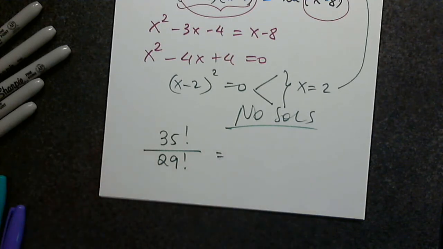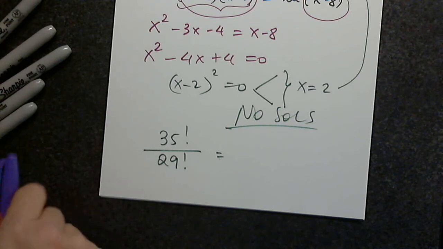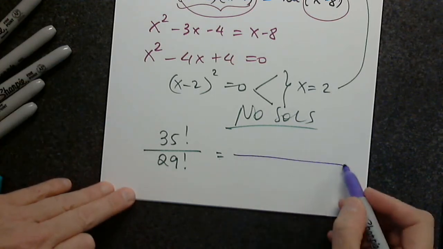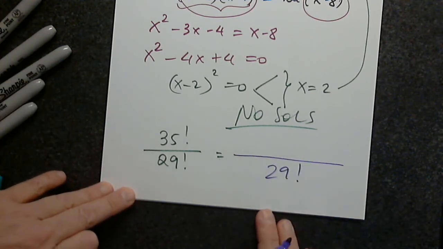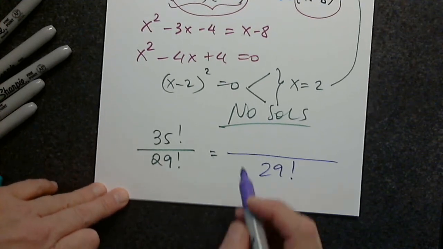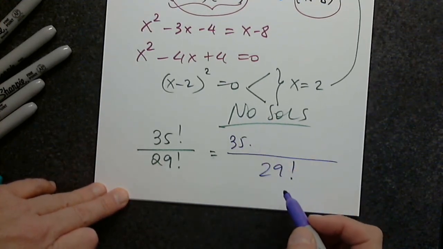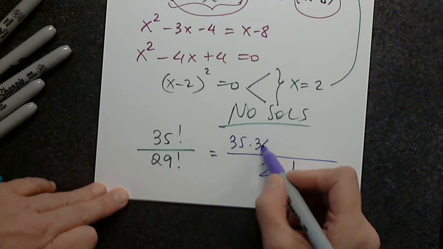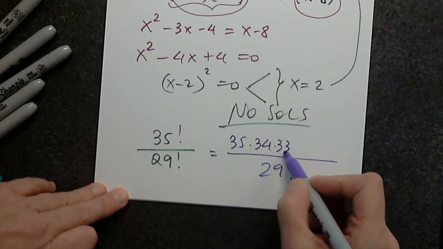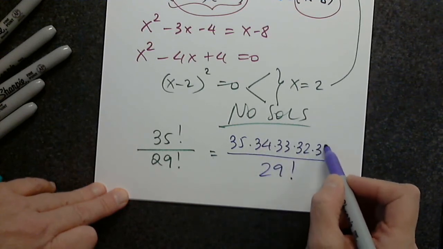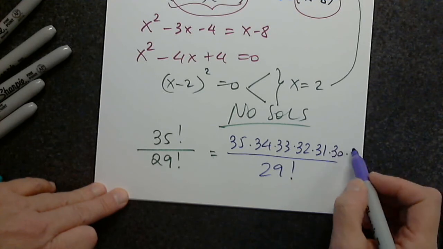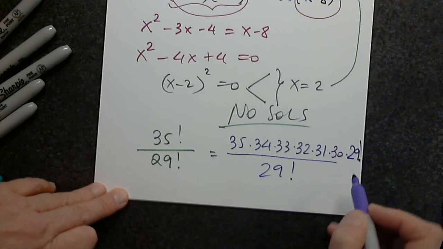How will I simplify this? Which of these two, top or denominator, is bigger? Good. So then I will leave the 29 alone. And what do I write at the top? 35 indeed. Very good. Times 29 factorial.